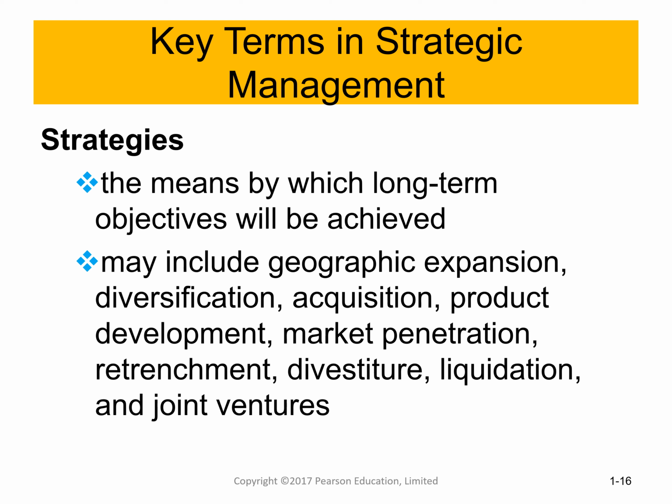So in achieving the long-term objectives, the actions that are taken by the organization in pursuit of these objectives, we call these strategies. Strategies can also come in different shapes and sizes.